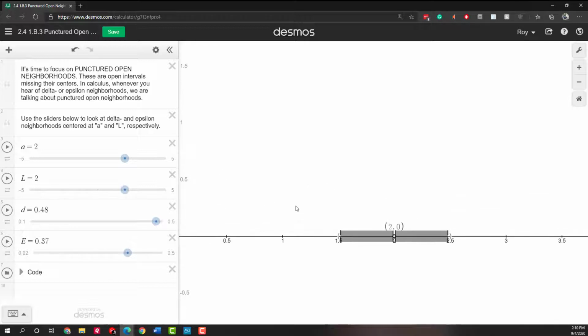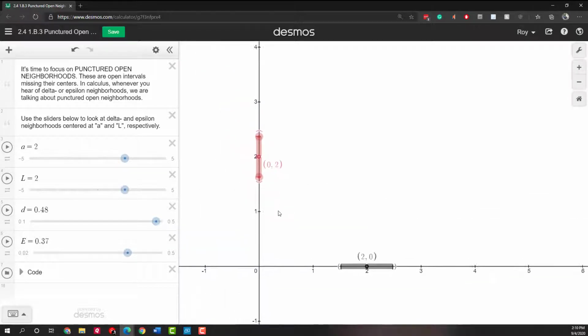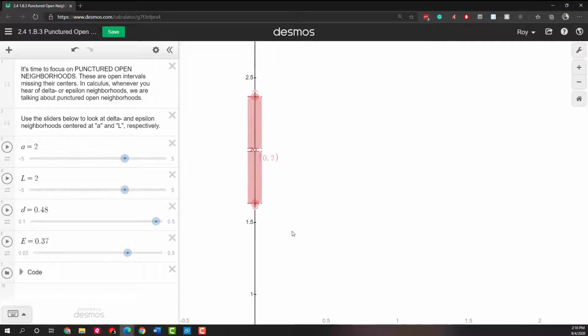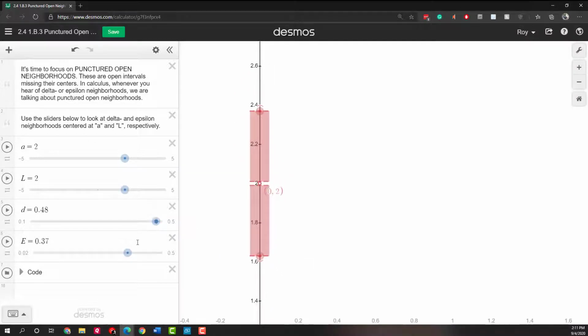So punctured neighborhoods, generally speaking.